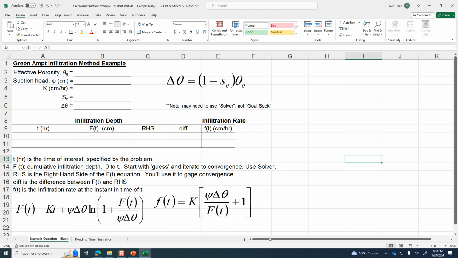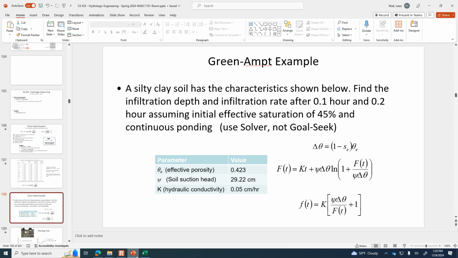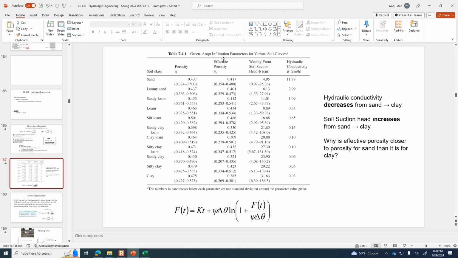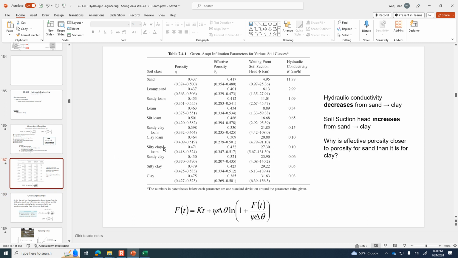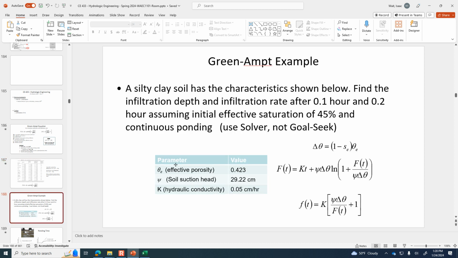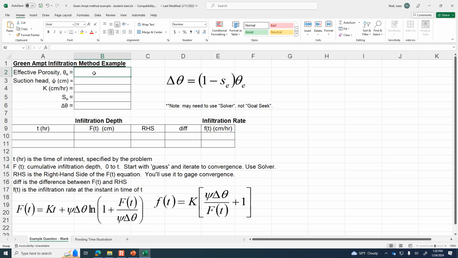So the problem statement says that based on the soil characteristics, for a silty clay soil, let's use this midpoint value for the effective porosity. In this column, effective porosity, silty clay, 0.423 is what we'll use for the effective porosity.